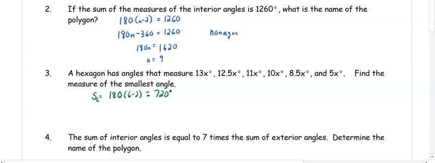So we can add up all of these angles to get 60x equals 720. We divide, x is 12. We want to find the measure of the smallest angle. Well, our smallest angle is going to be 5x. So we have 5 times 12, which gets us 60 degrees.